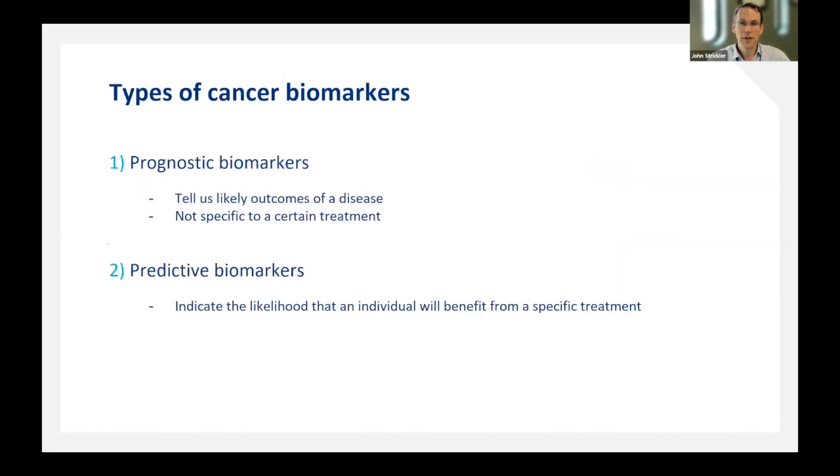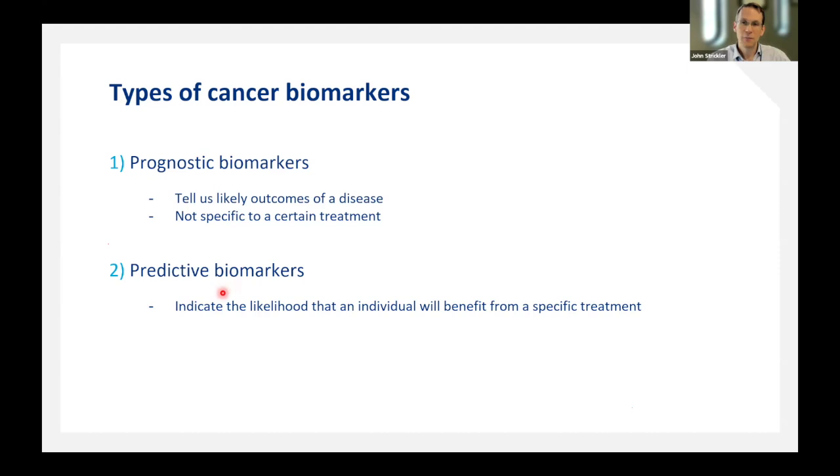There are a couple of different types of cancer biomarkers. There are biomarkers that give prognosis, and then there are biomarkers that predict outcomes. Both are very important. Prognostic biomarkers tell us whether we'll do well or do poorly regardless of what we give, so they're not really modifiable by treatments.